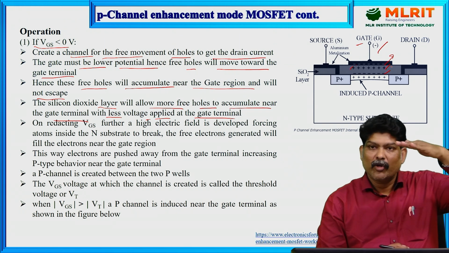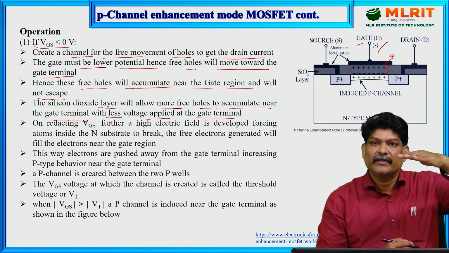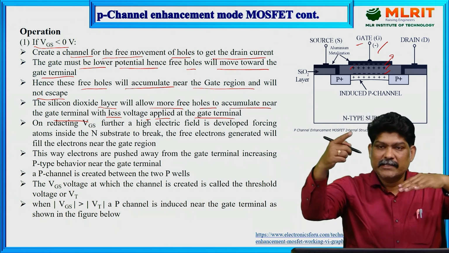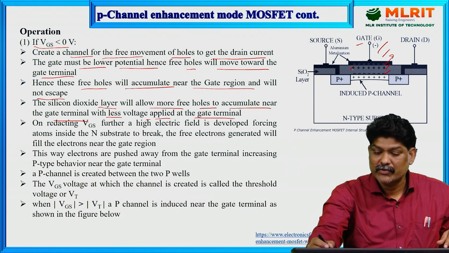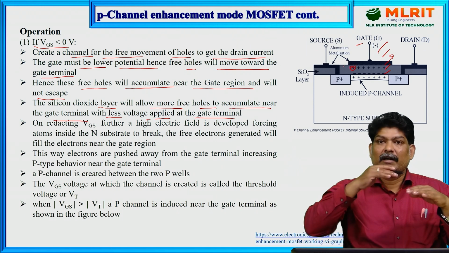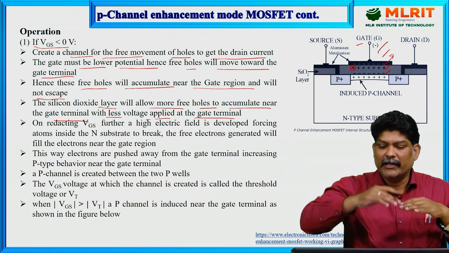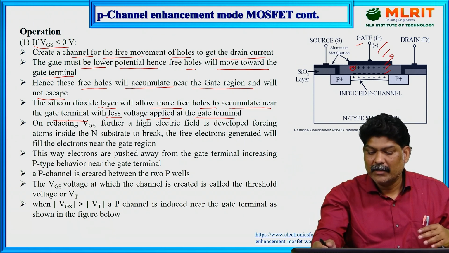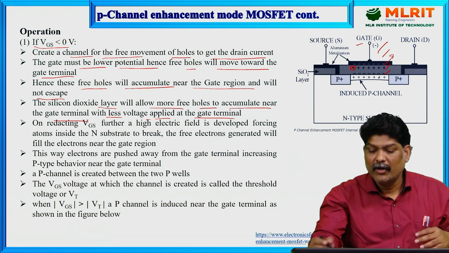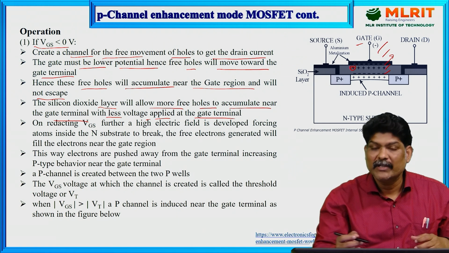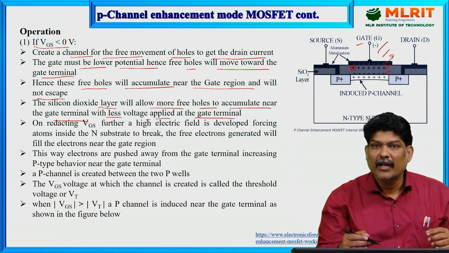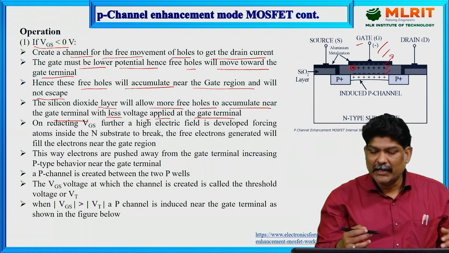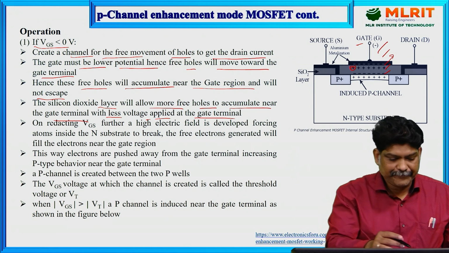On top of the SiO2 layer we have a positive charge, because the gate is negative, so positive charge particles will accumulate on the top layer of the SiO2. The lower edge of the SiO2 layer is negative, so those negative charge particles will attract free holes.